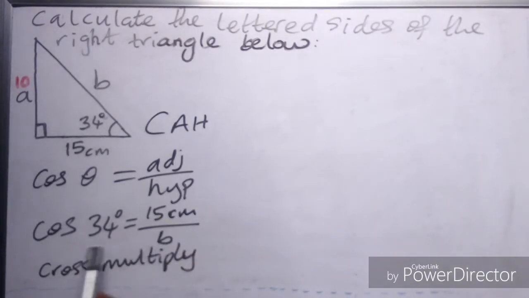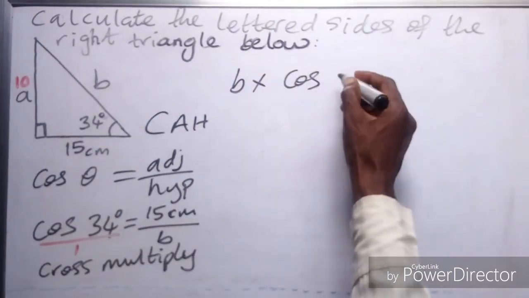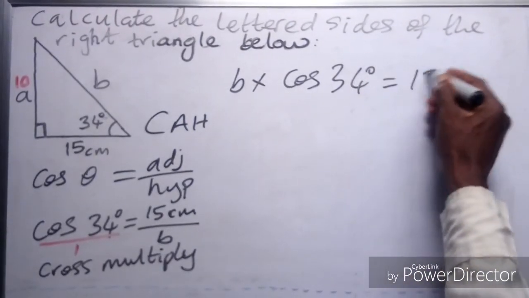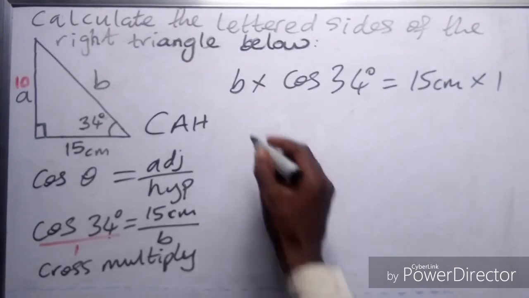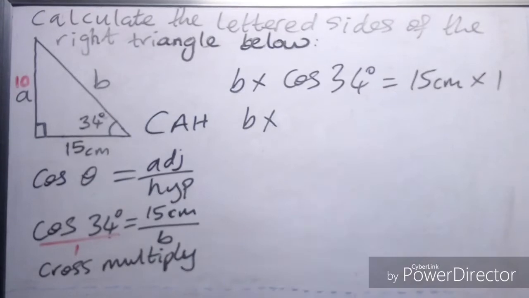So B will multiply cos 34 degrees and 15 cm will multiply the imaginary denominator of 1. So we have B times cos 34 degrees is equal to 15 centimeters times 1. Now, what is the value of cos 34 degrees?